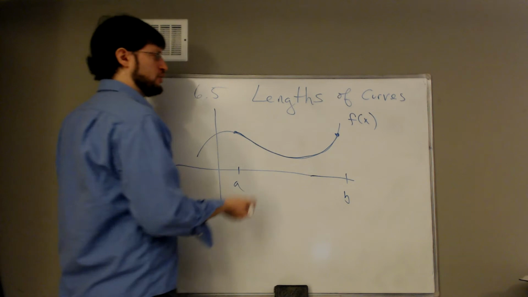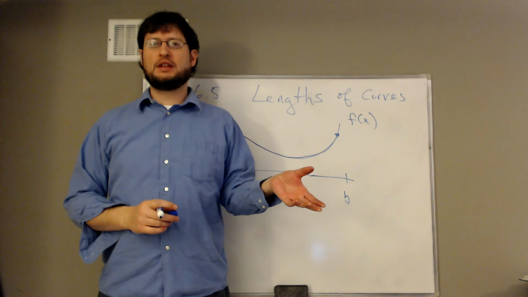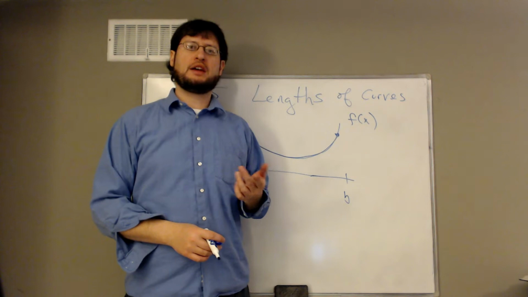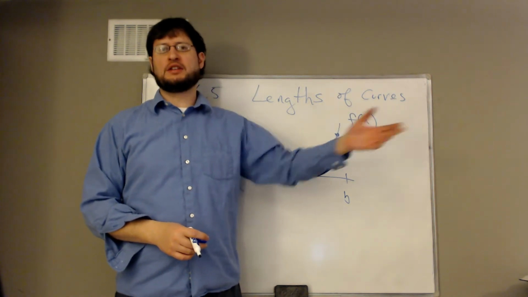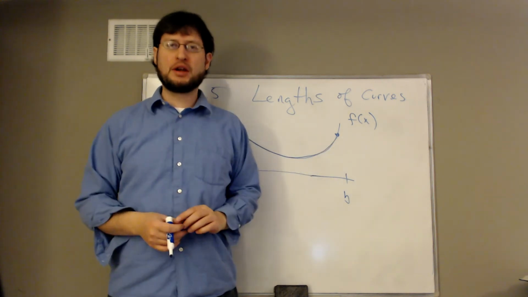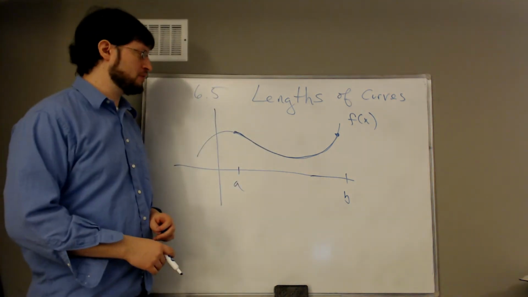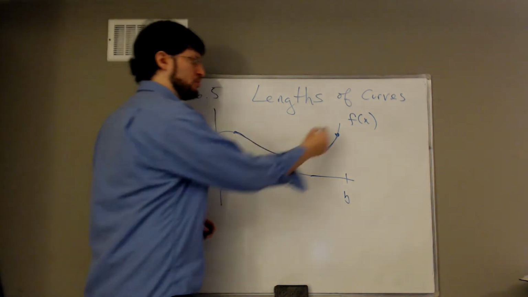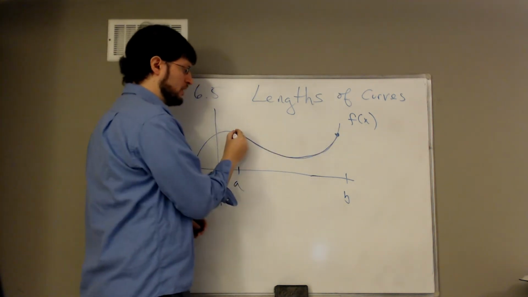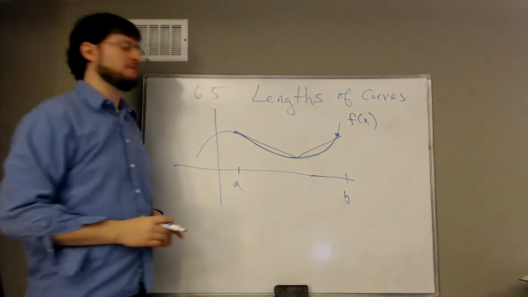But remember, the idea always in calculus is to break things up and calculate them in a simple way by approximating them, and then adding up our approximations. Take a limit as the number of our approximations goes to infinity, so the error goes away, and we actually get a final accurate result in the end. So what we're going to do to approximate this length is to say, all right, rather than walk along a curve, we can approximate this by walking along a straight line and then walking along a straight line.